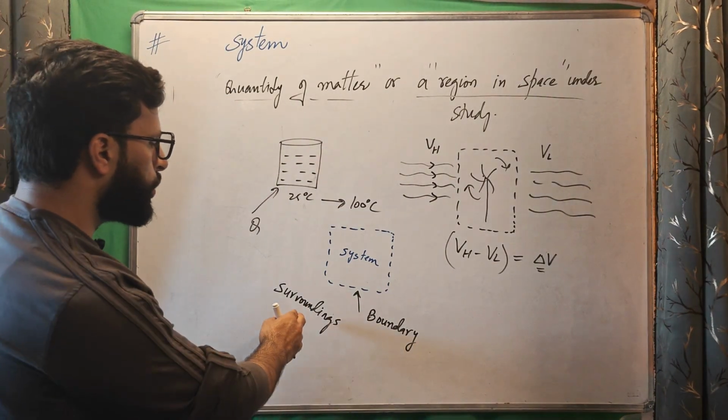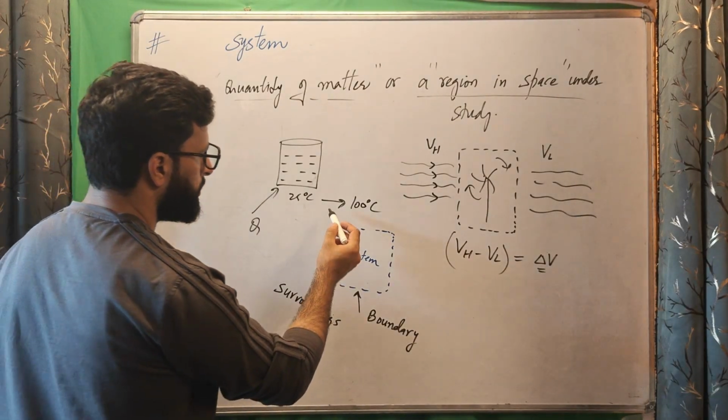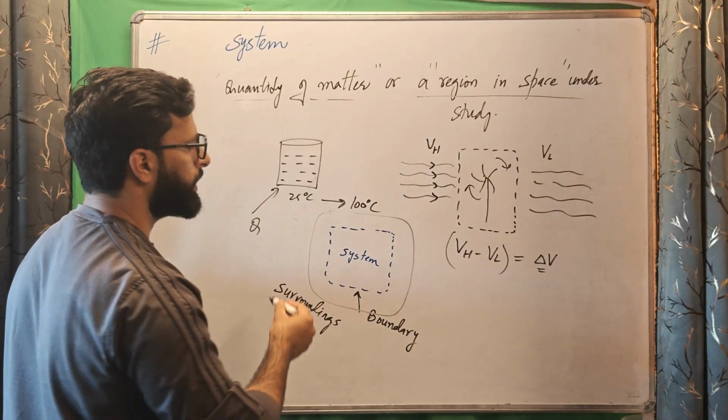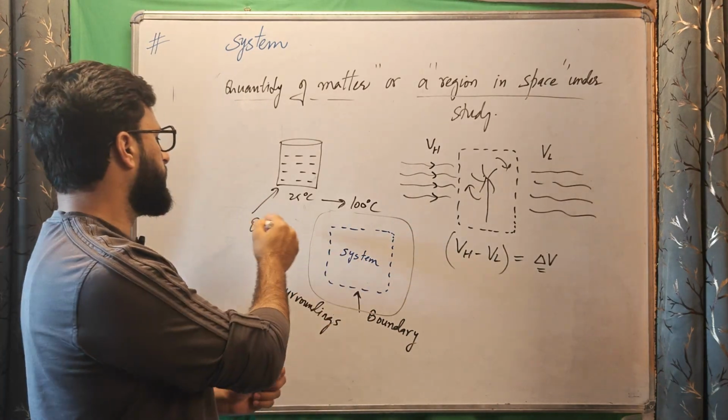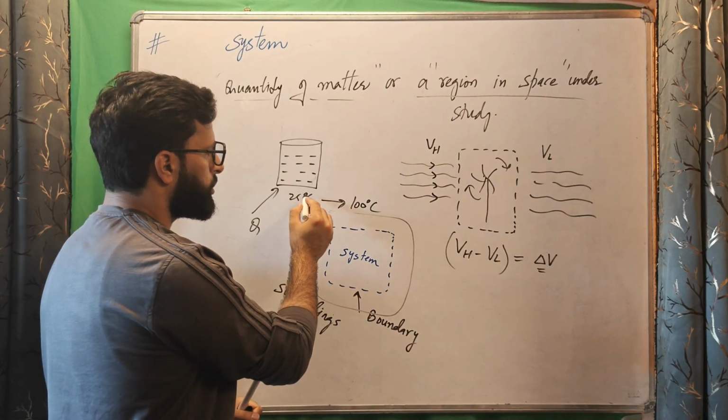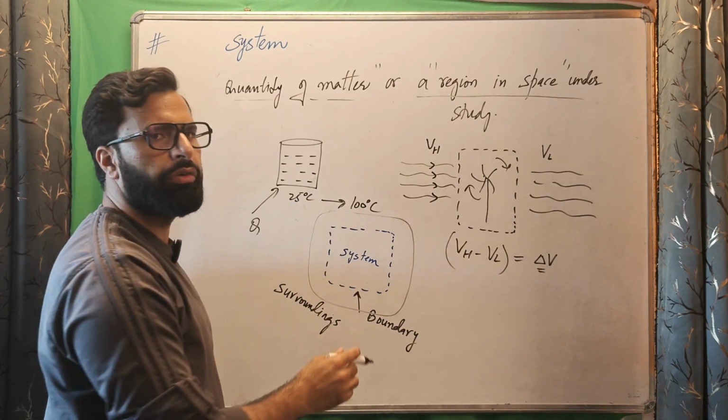Now there are two types of surroundings. One is the immediate surroundings. It is the surrounding when the system undergoes a process, like heat is transferred. The system is undergoing a process by changing its state from 25 to 100 degrees Celsius.